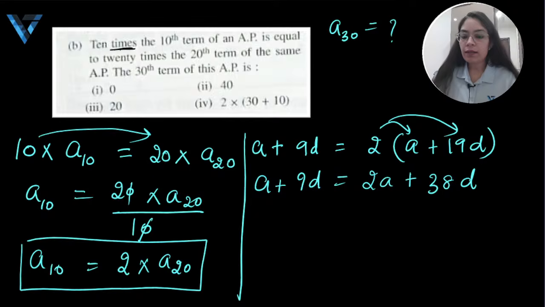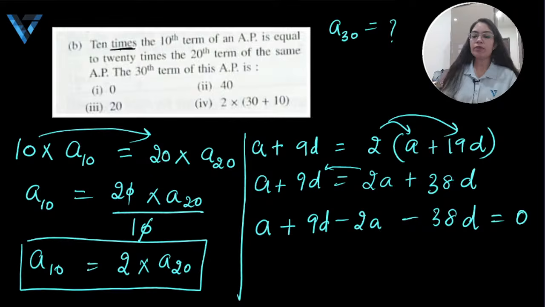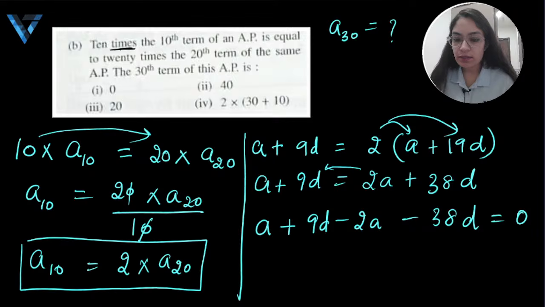Now like terms we can write together. Let's shift everything to this side. So A plus 9D minus 2A minus 38D is equals to 0. From the right side I have shifted everything to the left side, so now nothing is there on the right side, so this is equals to 0.